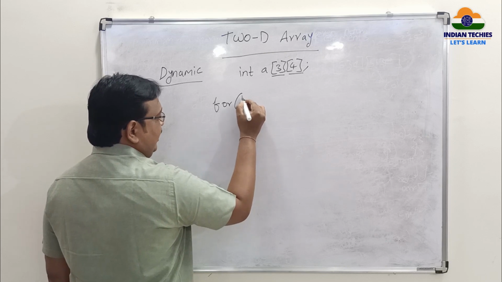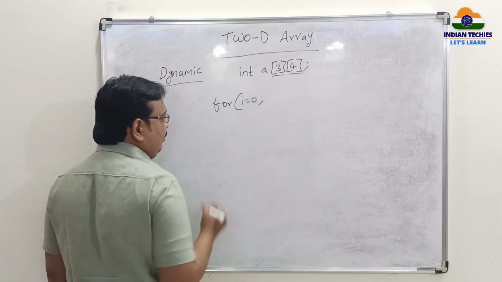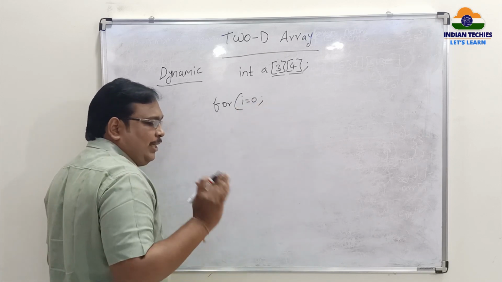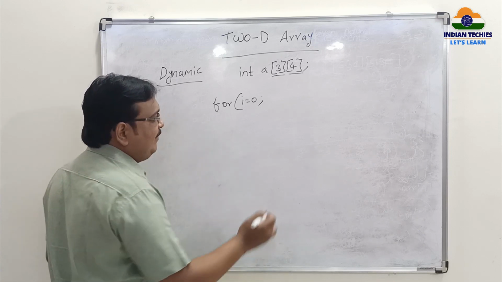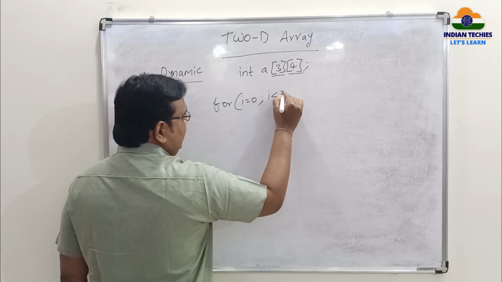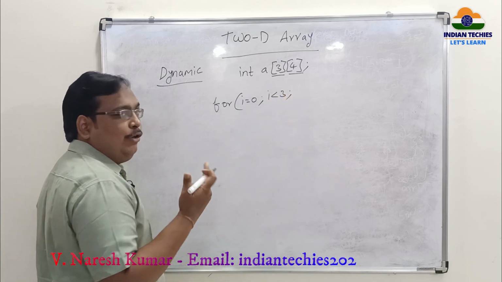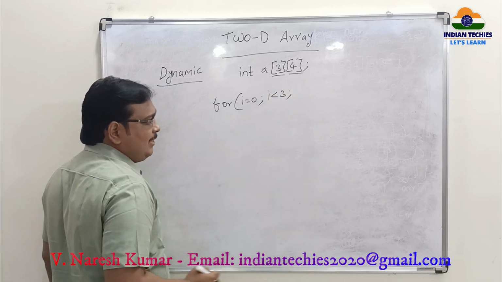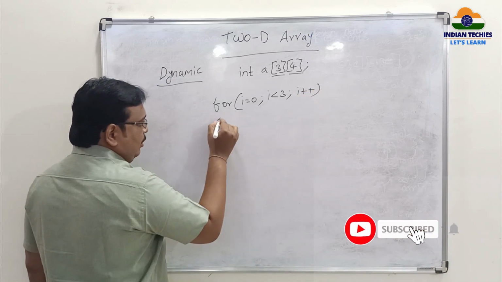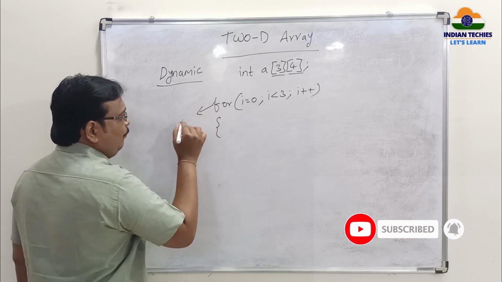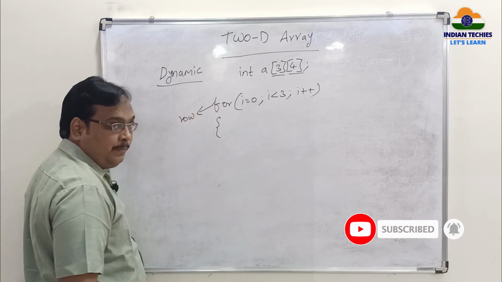We have to see internally only. i equal to 0. Next, total 3, so it will be ending with 0, 1 and 2. So I am writing i less than 3. You can write i less than or equal to 2 or you can write i less than 3. i plus plus for every row, so increment by 1. So this for loop will be used to repeat rows.